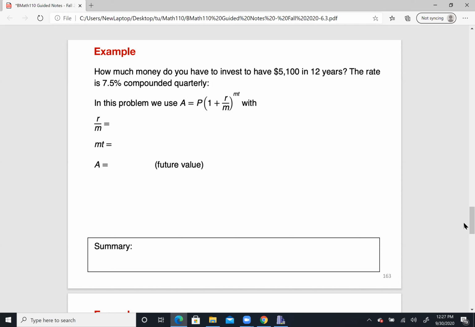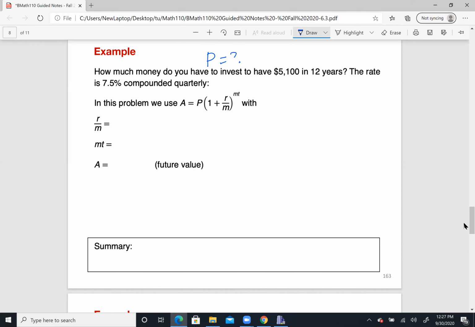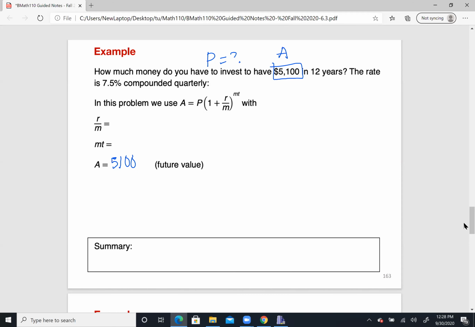So in here, how much money do you have to invest? So the same, we don't know P, right? We have A, the future amount, is 5,100, right? And t in here is 12 years, so I have t equal to 12.